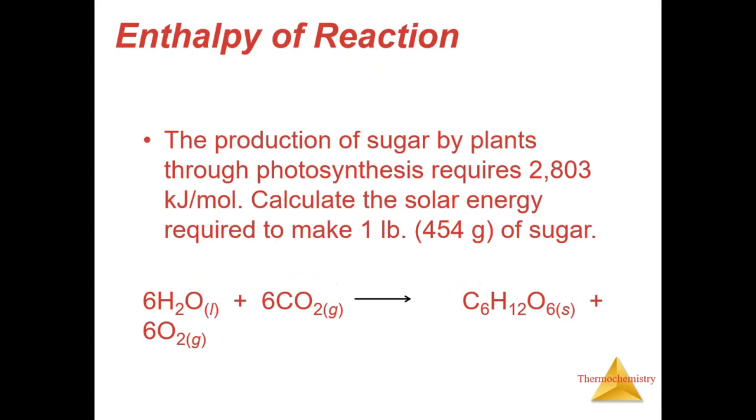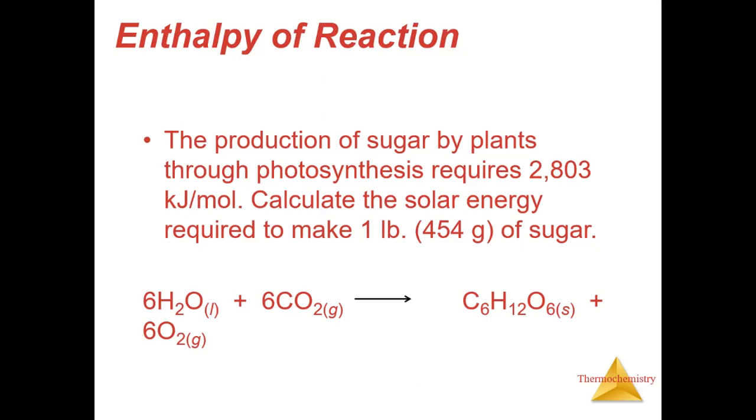If I'm going to make sugar, that's done in plants all the time. I can make glucose by putting 2,803 kilojoules per mole into 6 moles of water plus 6 carbon dioxides, making 1 mole of glucose.